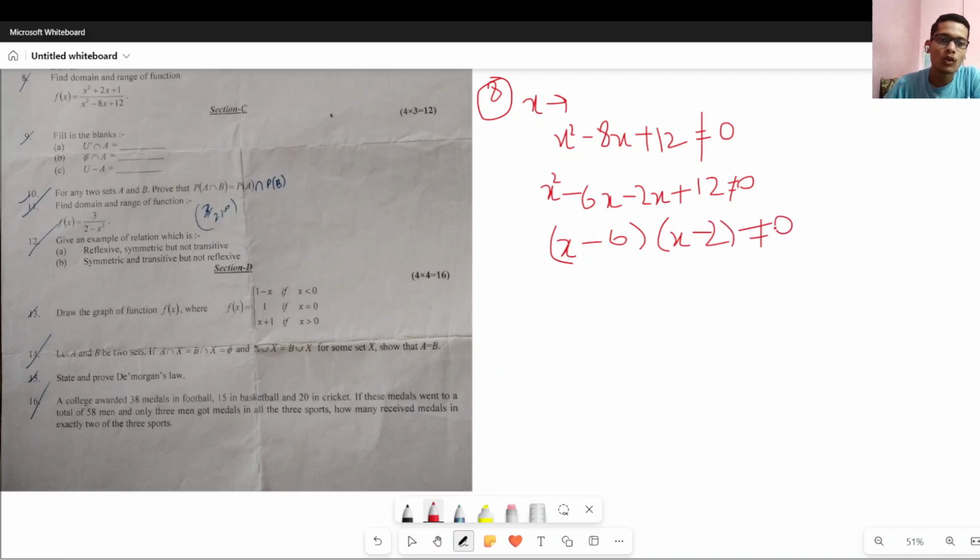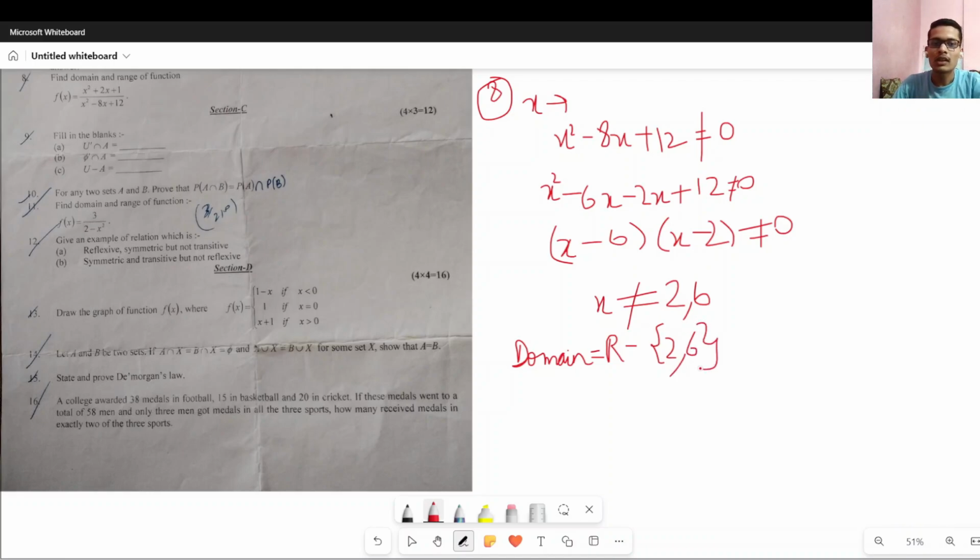From here we got two values, that is x will never be equal to 2, 6. That is, I got the idea what the domain will be. The domain will be the set of all real numbers, but 2 and 6 are not included in this.